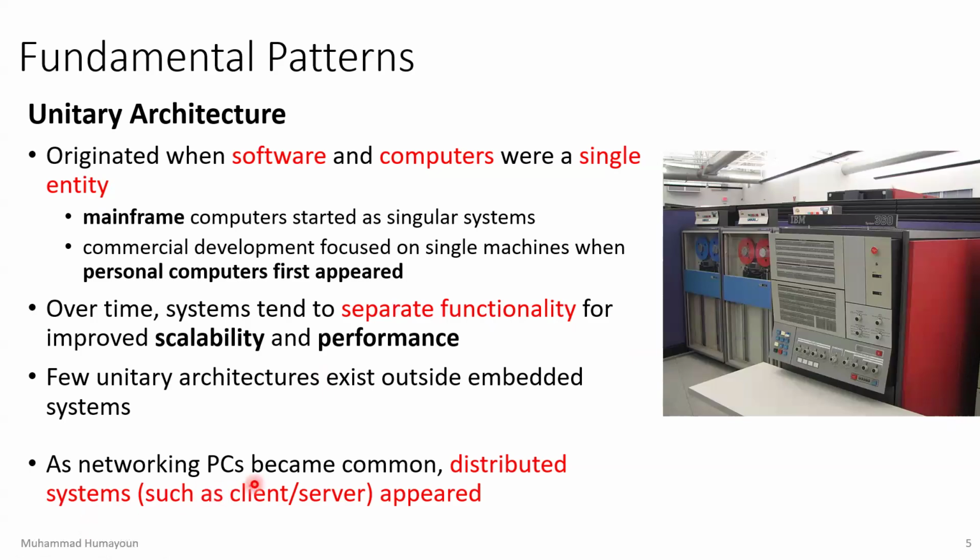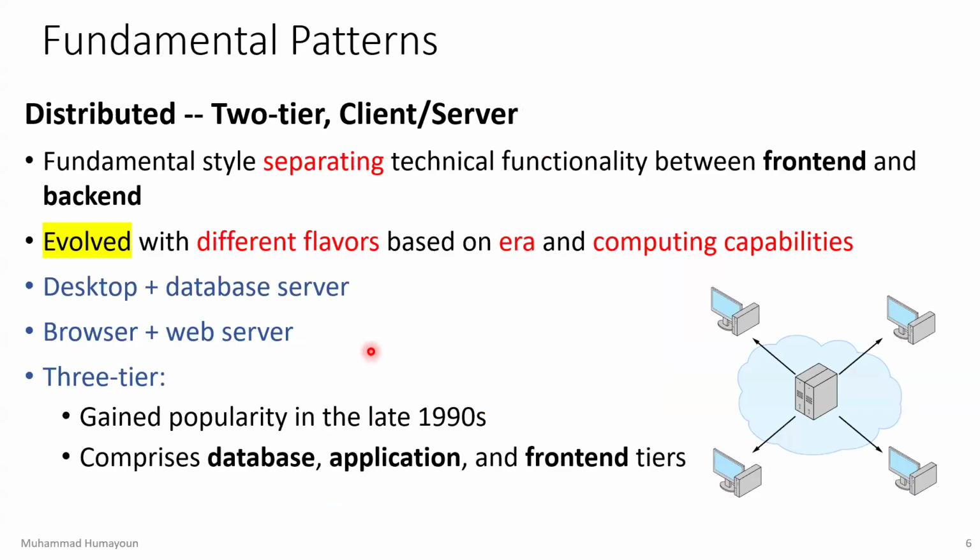As networking and PCs became common, more distributed systems like client-server architecture appeared. So with the passage of time, we started to have distributed or two-tier client-server architectures. This fundamental style separates technical functionality between front end and back end. Then it further evolved into different flavors based on computing capabilities and time.